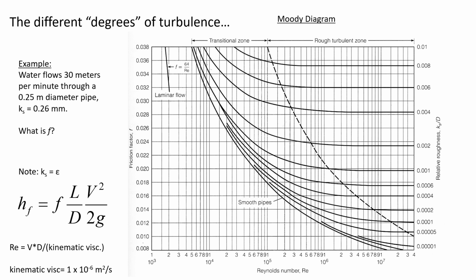That's our Reynolds number. Now, relative roughness, the vertical axis: our equivalent sand roughness to diameter ratio is 0.26 millimeters divided by 250 millimeters. So we're asking, what's the ratio of the pipe material's roughness to the pipe diameter? That is 0.00104.